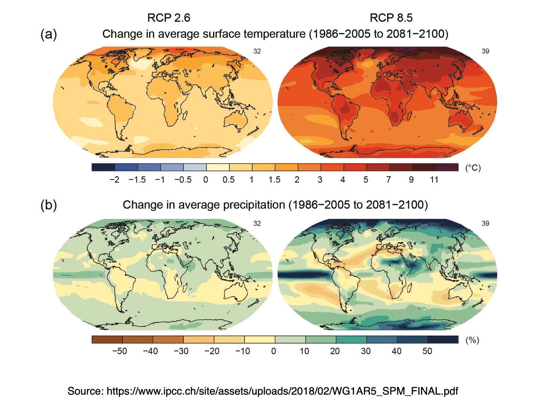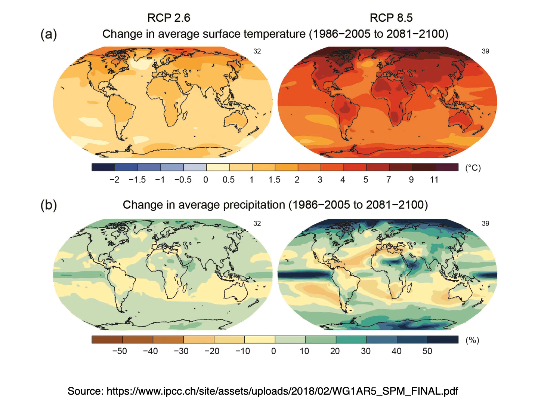The comparison is between a baseline period of 1986 to 2005 and the last 10 years in the 21st century. So we can see for RCP 8.5, the temperature rises are going to be highest with higher latitude, and highest over the continents.